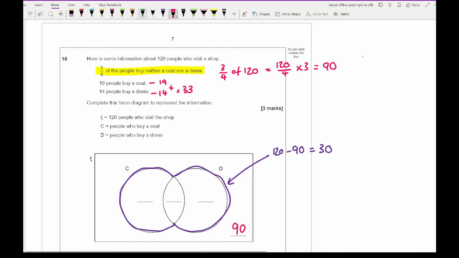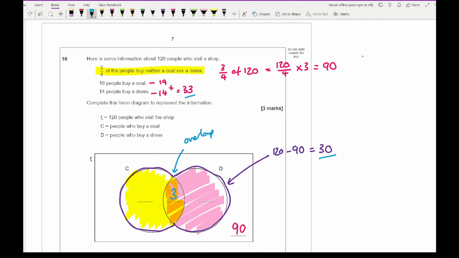Now the overlap, let me do it in highlights so I'm not cancelling anything out. So if I just shade in C in yellow and I shade in D in pink, then the bit that's shaded in twice is this middle bit. So this middle bit is the overlap. So then if I do 33, take away 30, that leaves me with 3.